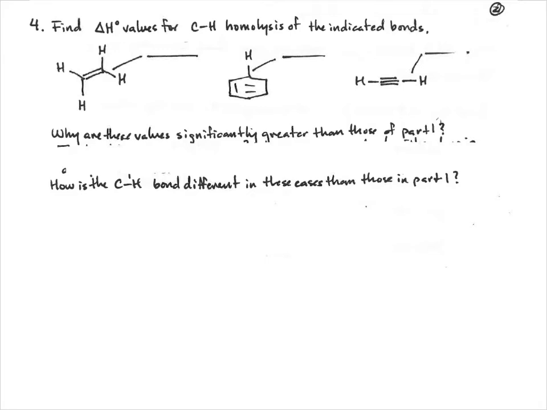So those hybridizations are sp2, sp2, sp. If you're paying attention, the prior cases on the previous page, those were all sp3.